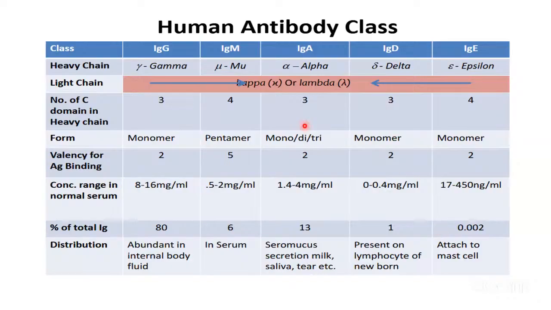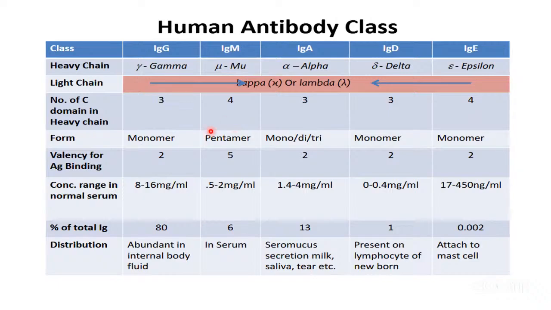So we have the IgG, which is immunoglobulin G, is the major one, has 3 heavy chain constant domains, and then IgM has 4 constant domains in the heavy chains, and then the alpha has 3, delta 3, and then also epsilon 4.